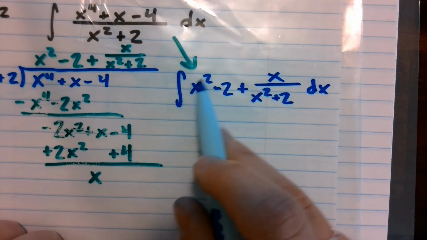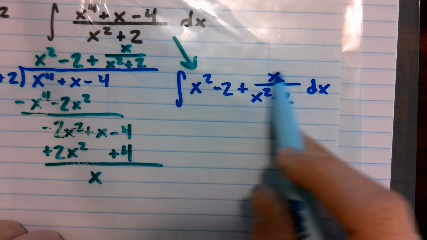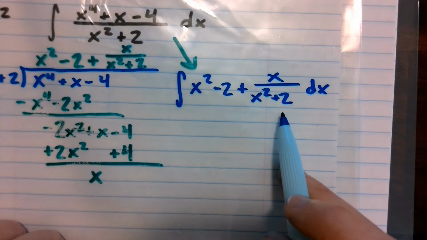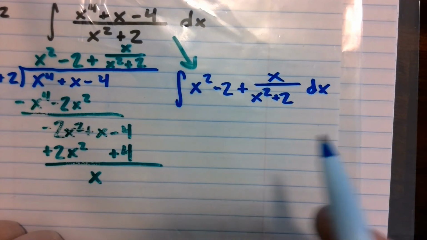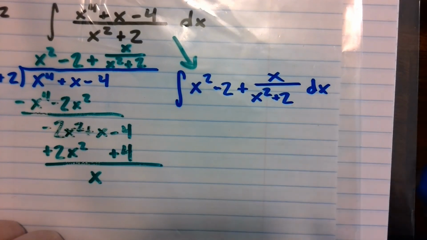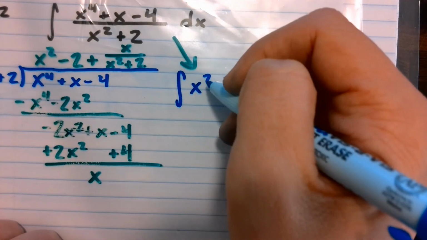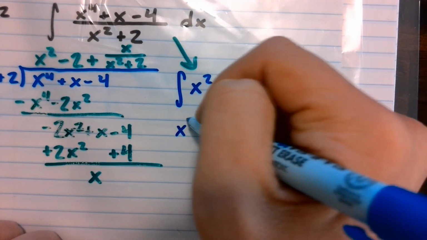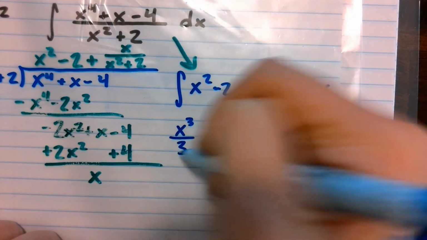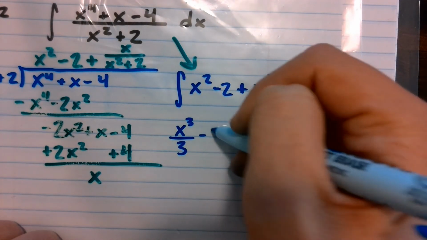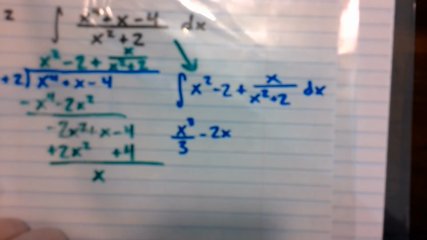I can integrate this easy peasy, and then for this part I do want to use substitution, just like I did in the one at the top. So for this part, I'm going to take the integral and say I'm going to have x to the third. Remember, you're raising it a power and then dividing by that, and then a negative 2x.